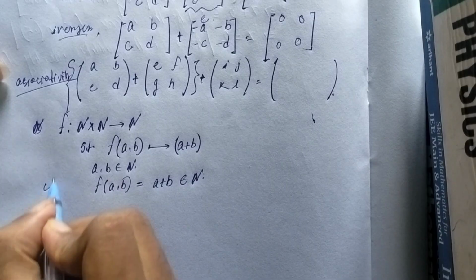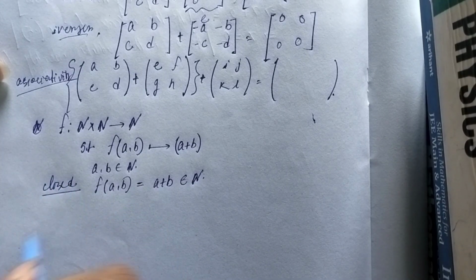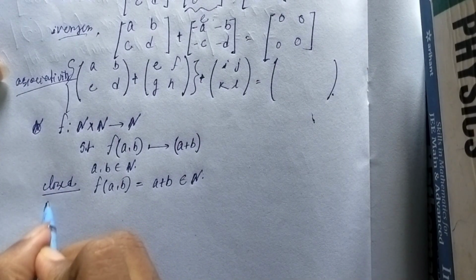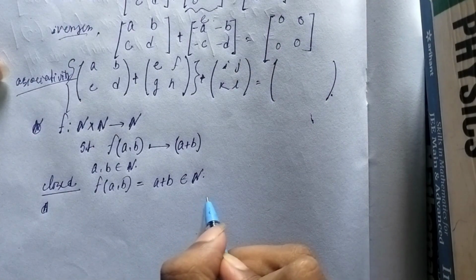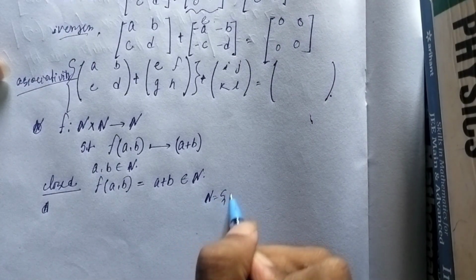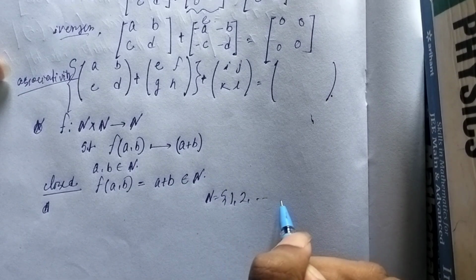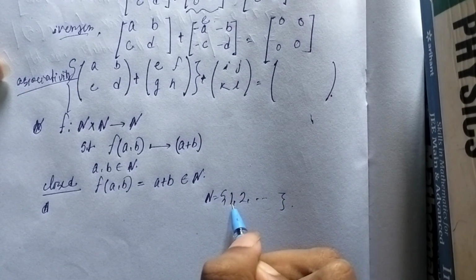So this is closed. Now again, is there an identity? We know that the natural numbers start with 1, 2, and so on, but there is no 0.